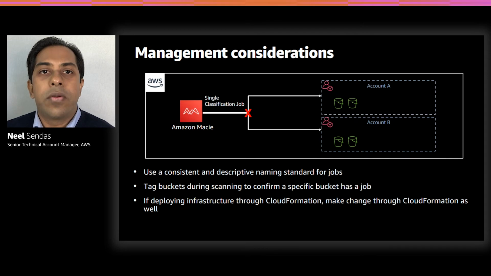A couple of things to consider when designing your system. Always use descriptive naming standards for discovery jobs. Use separate classification jobs per account, and track buckets that have been scanned and have classification jobs running on them via tagging.